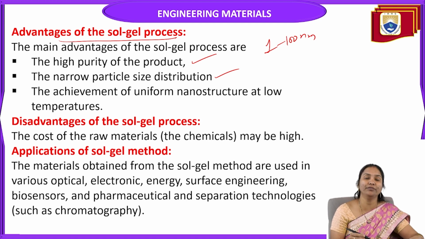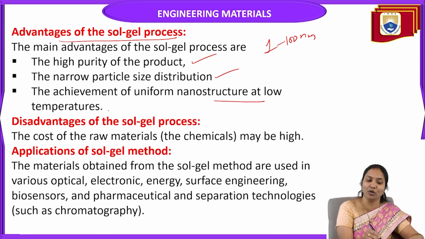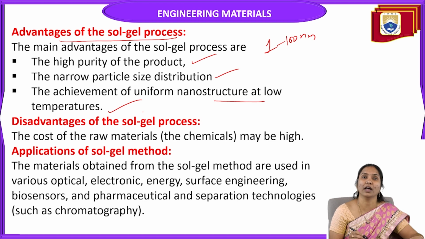And the achievement of uniform nanostructures at low temperature. These are the main advantages of the sol-gel process: high purity of the product, narrow nanoparticle size distribution, and uniform nanostructures at low temperatures.